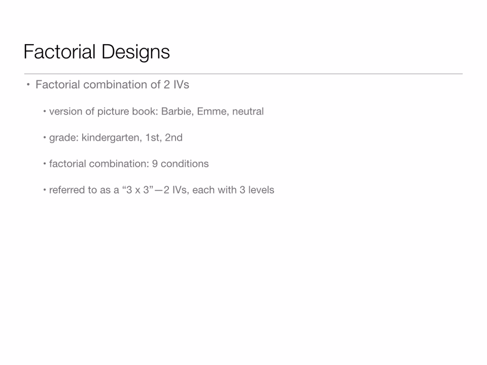So again, back to our example of Barbie, M, and the neutral picture book across young girls in kindergarten, first grade, and second grade. Remember, again, this is a 3x3 design. We have two independent variables, the version of the picture book and grade, and each one of those has 3 levels. That gives us a factorial combination of 9.